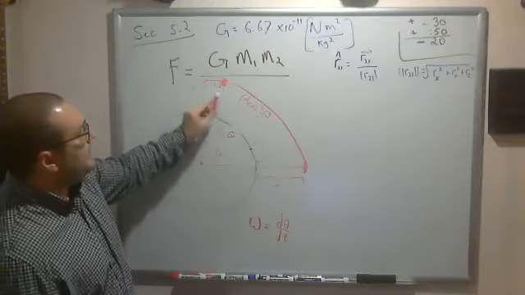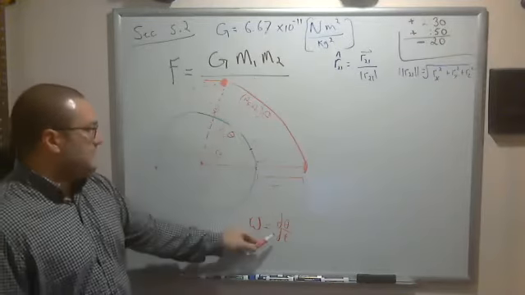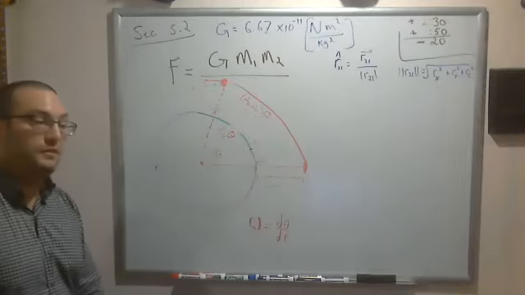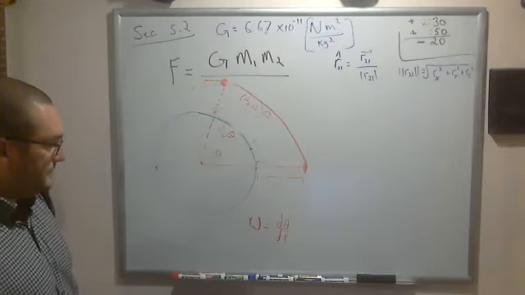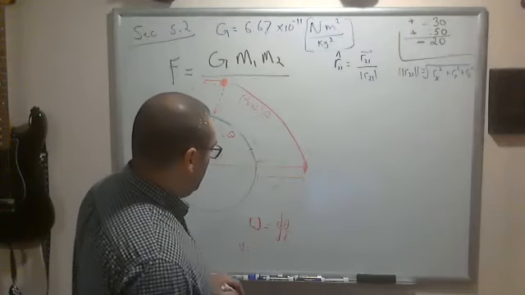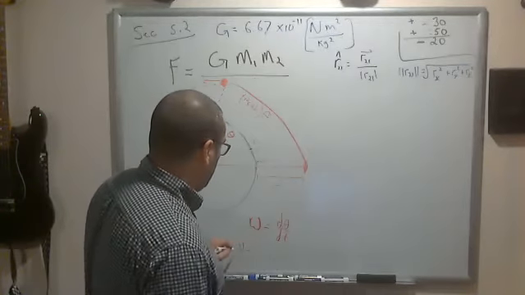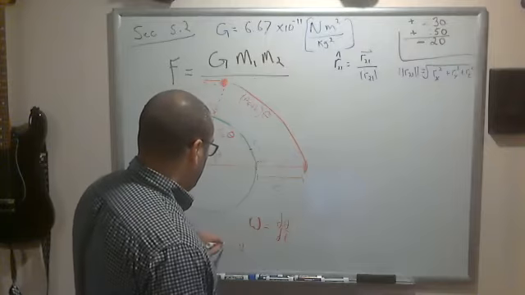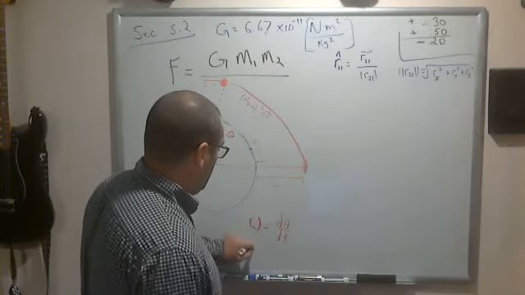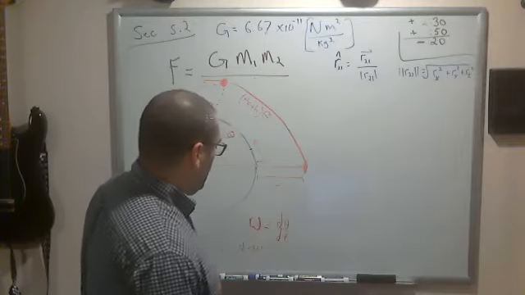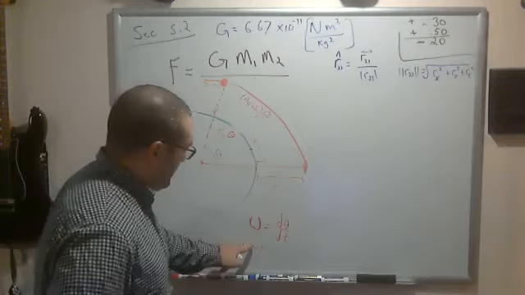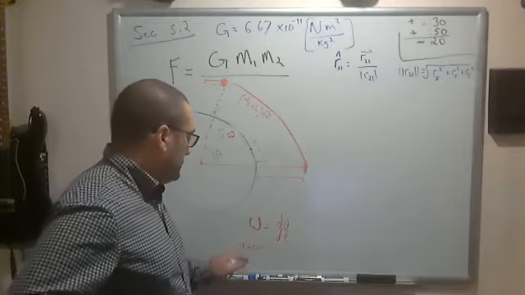We rotate through the angle the same amount in the same amount of time. But because r is different, our tangential velocities are different, right? And the tangential velocity is related by omega times r. That's our tangential velocity, omega times r.